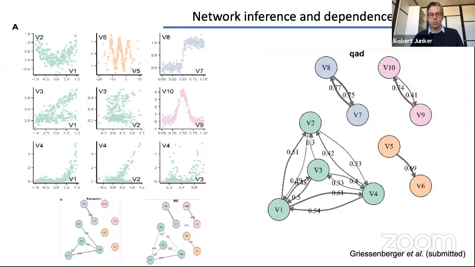This time we have two arrows between the variables, one in each direction. And for example, here the yellow relationship is very asymmetric, and we can predict variable 6 by the knowledge of variable 5 very precisely. So we have a Q value of nearly 0.7, but we cannot predict variable 5 by the knowledge of variable 6.